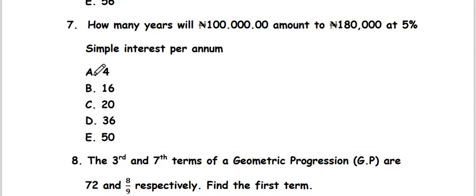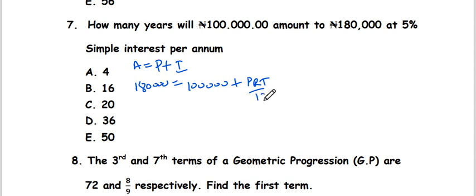Number 7. How many years will 100,000 amount to 180,000 at 5% simple interest per annum? Amount is principal plus interest. Our amount here is 180,000 and our principal is 100,000 plus the interest. Simple interest is PRT over 100.